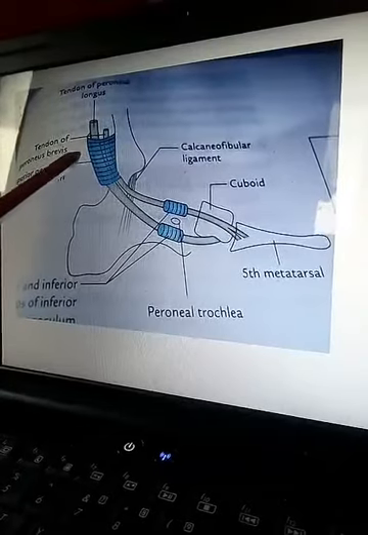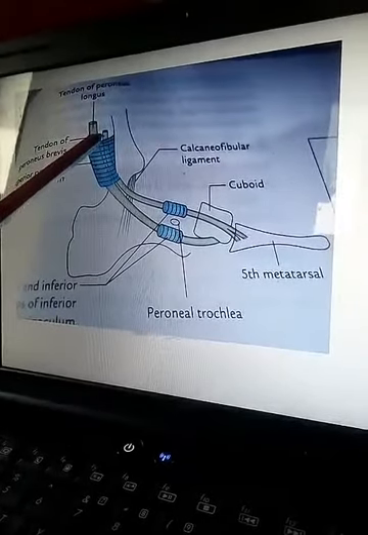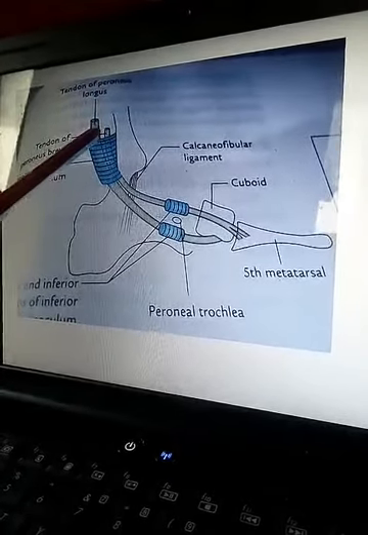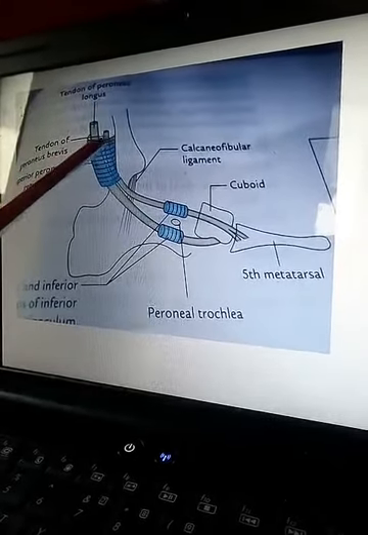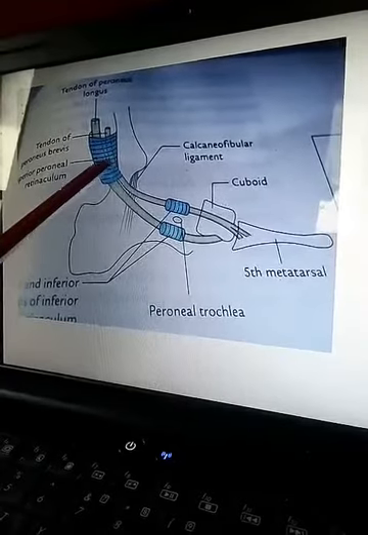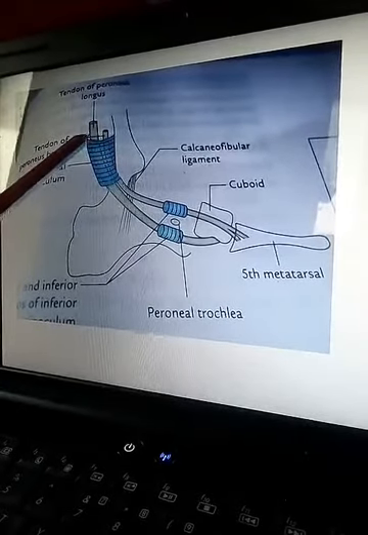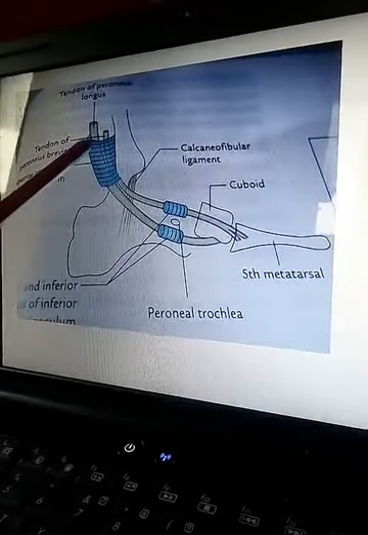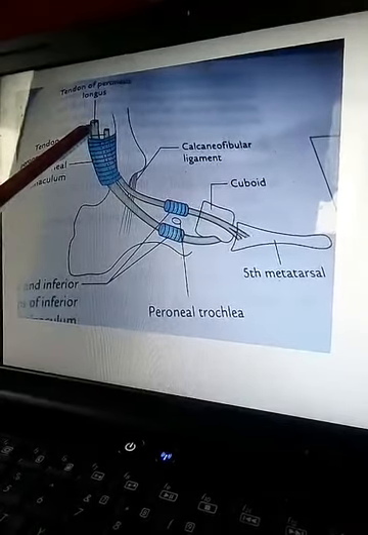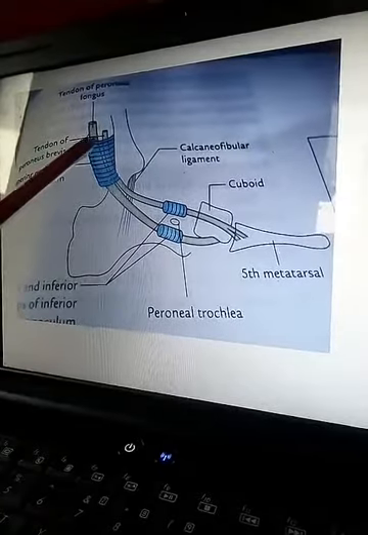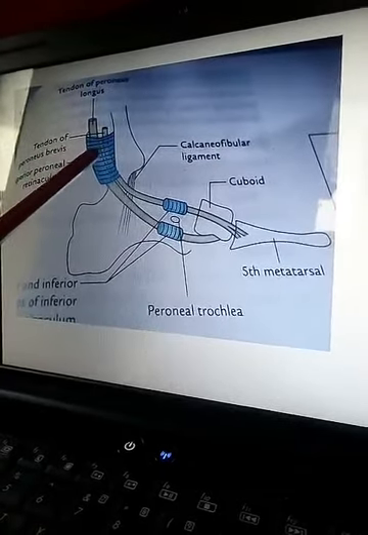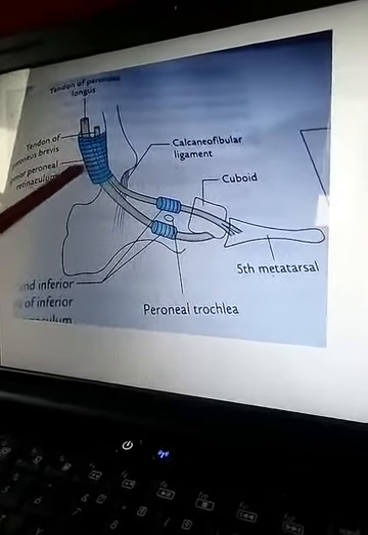Now relations: the tendons of both Peroneus longus and Peroneus brevis lie deep to this retinaculum in a single compartment. The tendon of Peroneus longus lies superficial to the tendon of Peroneus brevis, and these tendons are enclosed in a common single synovial sheath.